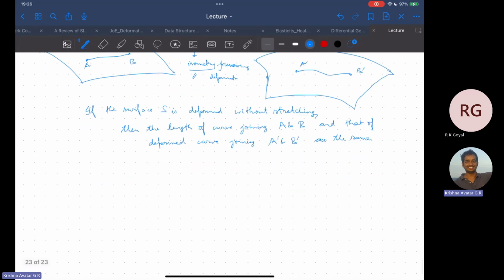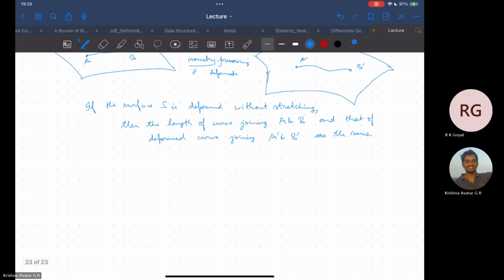So the mathematical requirement for an isometric deformation I'll just let you know right away. Of course, I did not want to touch the topic because it's not very relevant to us right now, but just for the sake of it, let me just pull it up.